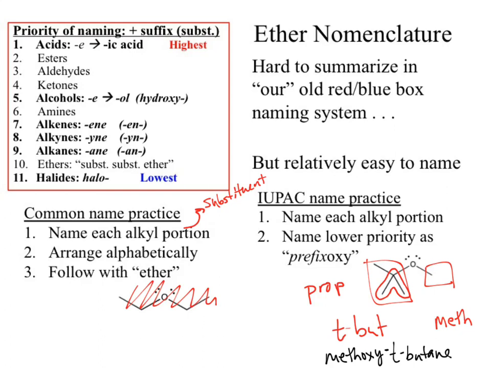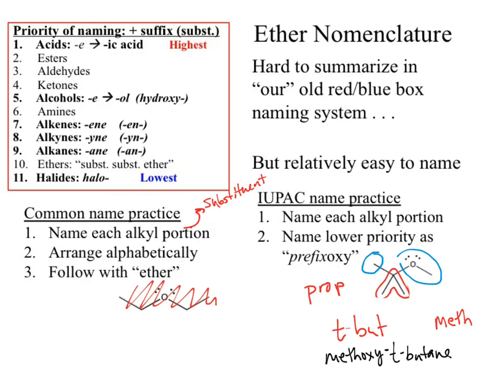Let's go back to the prop. We used our prop as our main name. So let's name our substituents now on our propyl main chain. We have this group as a substituent and this group.